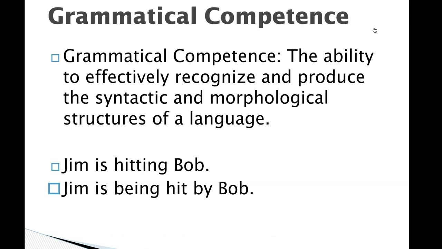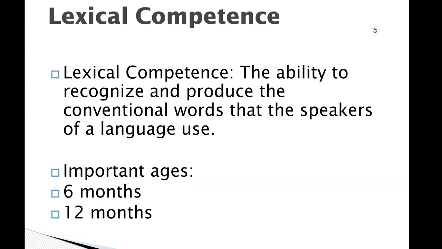So that's grammatical competence. We've also got lexical competence: the ability to recognize and produce the conventional words that the speakers of a language use. Important ages for this are 6 months and 12 months. So children will be able to recognize words at 6 months.